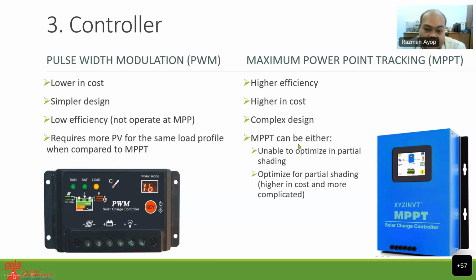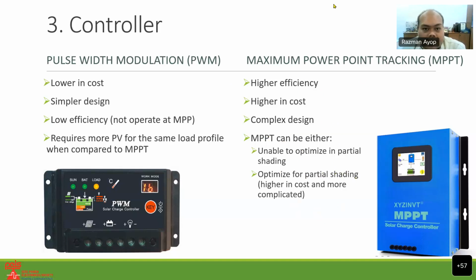For the MPPT, it can be either partial shading enabled or unable to operate in partial shading. So you have to look carefully whether the MPPT can operate in partial shading or not. And if the MPPT has partial shading capability, the cost will be higher.